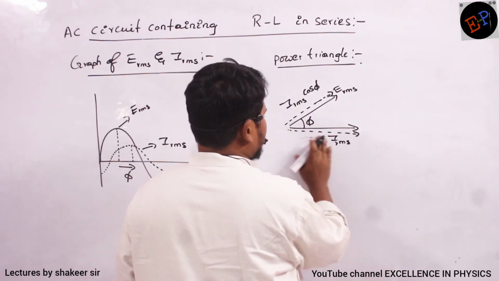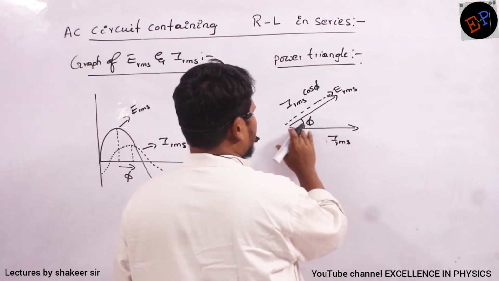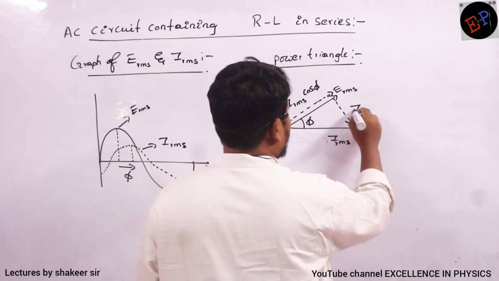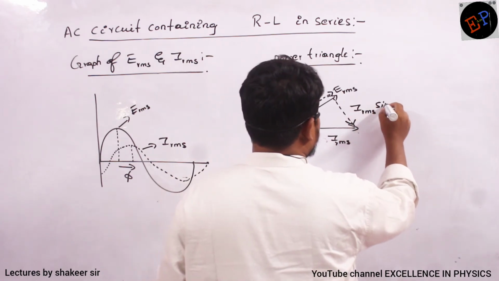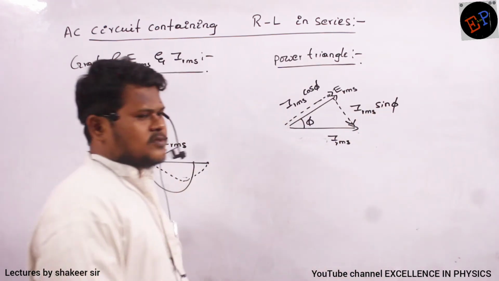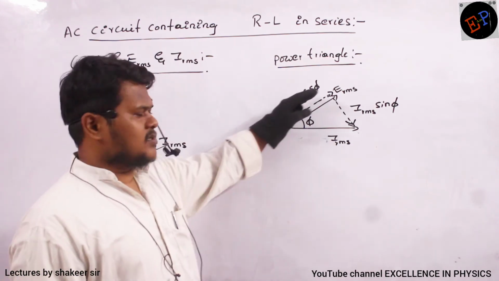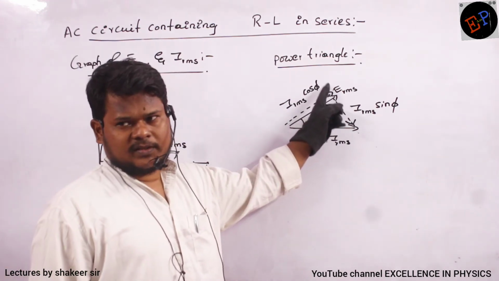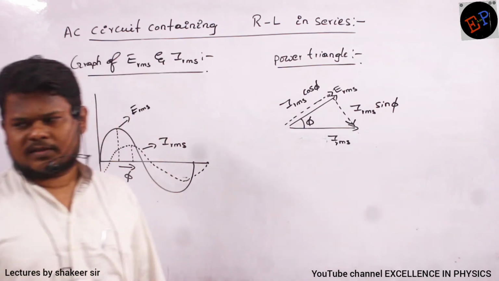Sorry. I can split like this, no? One horizontal component, one vertical component. The adjacent component is IRMS cos pi. The opposite component is IRMS sin pi.